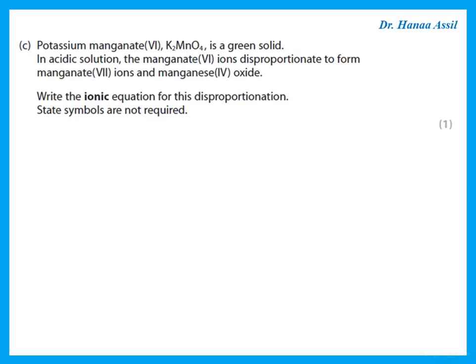Potassium manganate is a green solid. In acidic solution, the manganate(VI) ions disproportionate to form manganate(VII) ions and manganese(IV) oxide. Write the ionic equation for this disproportionation. So potassium manganate, I want the ionic, so the potassiums will cancel on both sides.